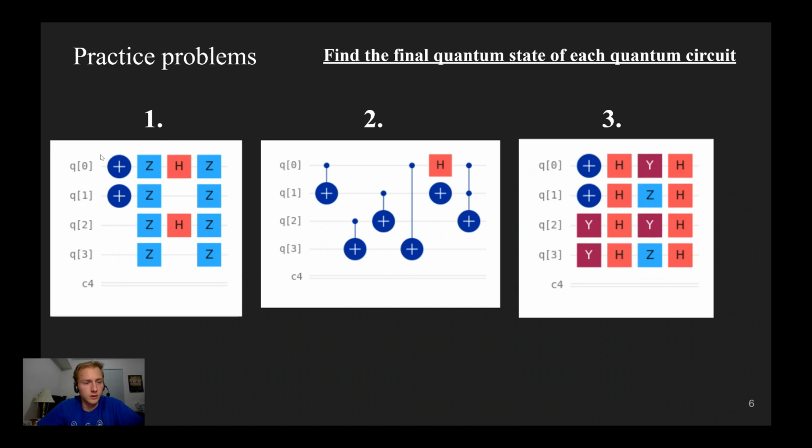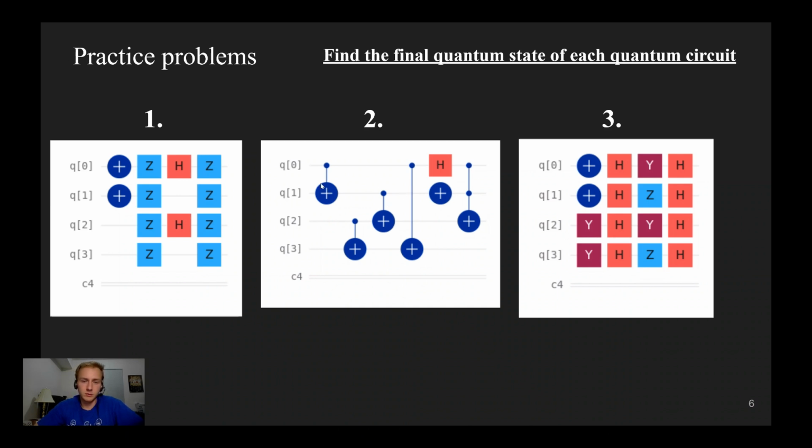So here is the NOT gate or Pauli X gate, X gate. These are all synonyms. And then next to it is this Z, which represents the Pauli Z gate. And then we have the H, which is the Hadamard gate. Then over here on the right, number 3, we have the Y, which is the Pauli Y gate.